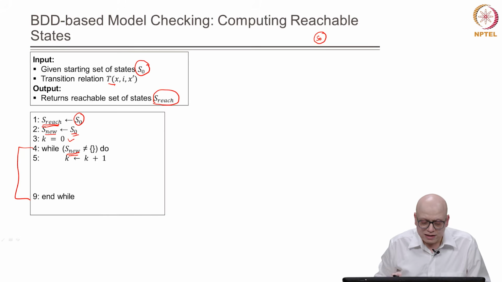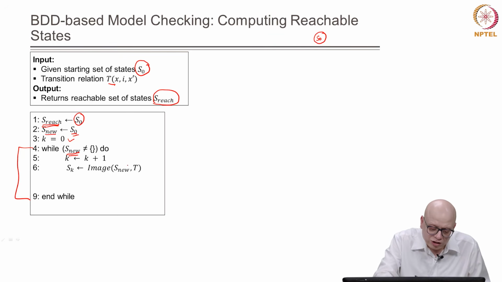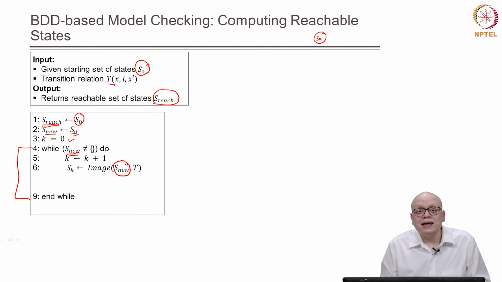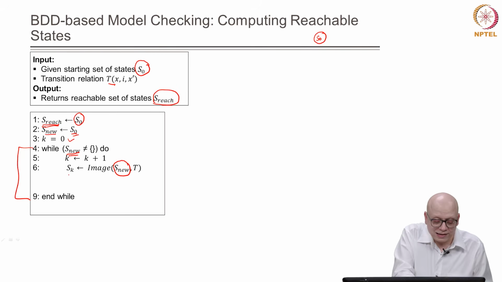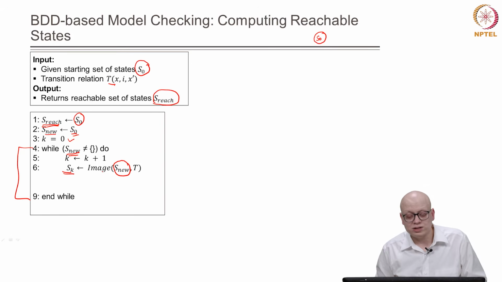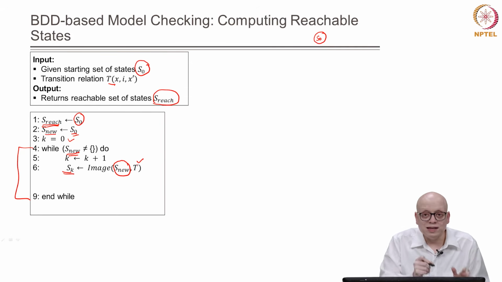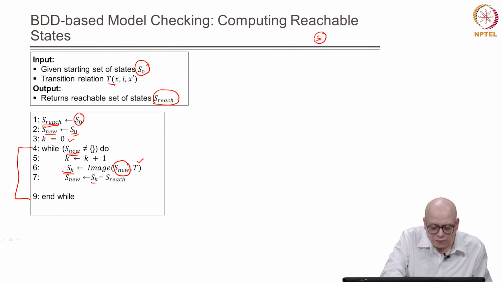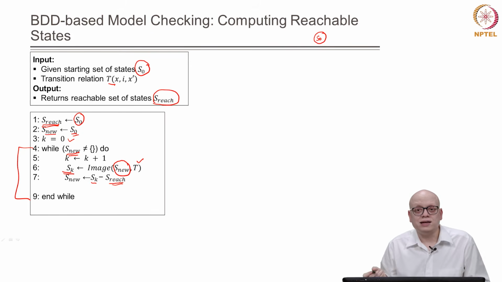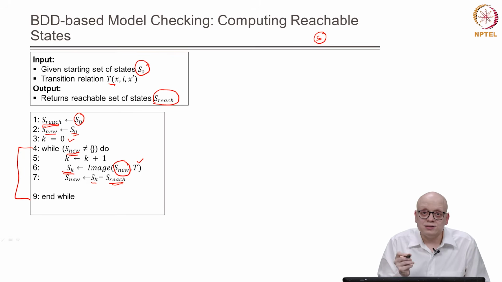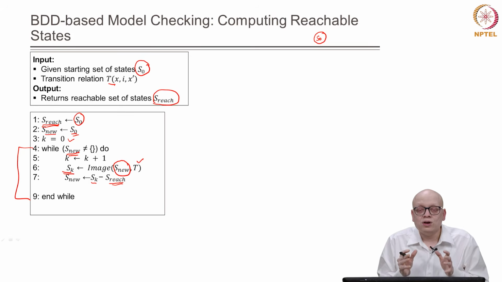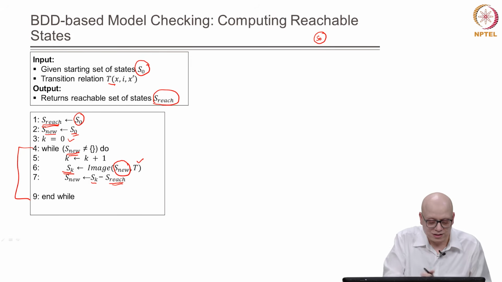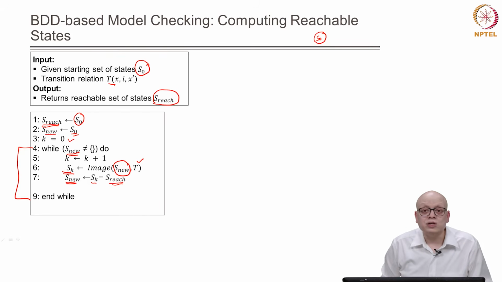Initially we increment the counter, and then, given the new set of states, we compute the next set of states Sk that can be reached, using the image computation and the transition relation. Now, this Sk will also contain some of the previously reached states. So, from this Sk we remove the already reached states, which gives us the set of new states discovered in this iteration, and we assign it to S new.